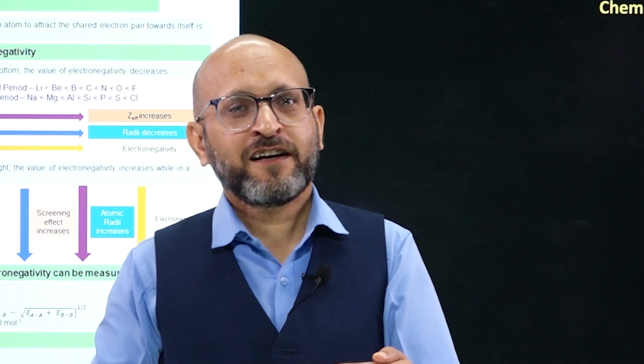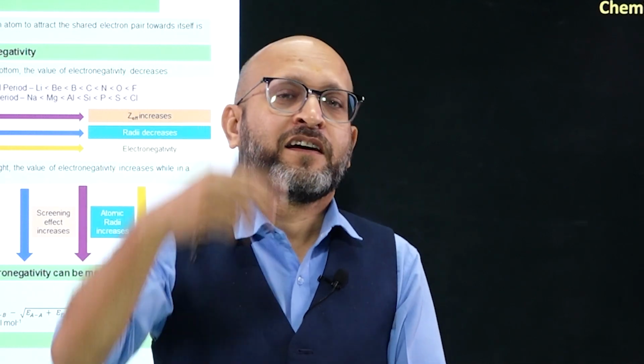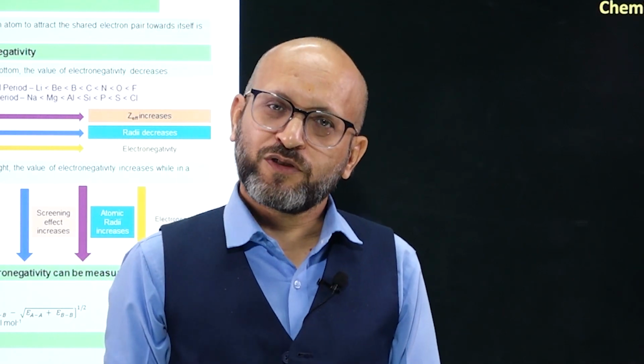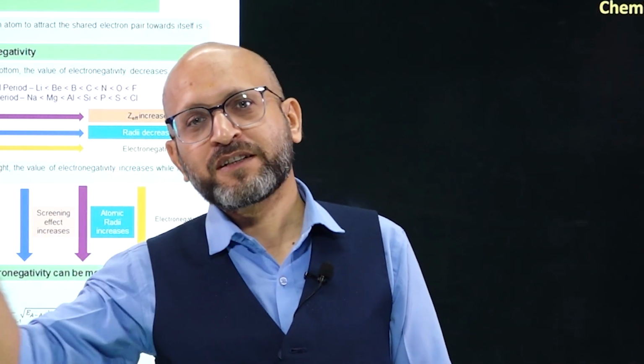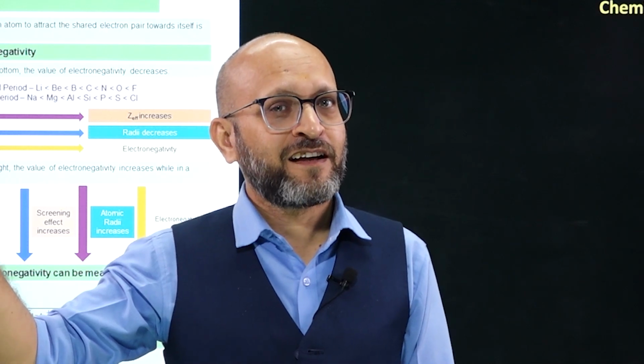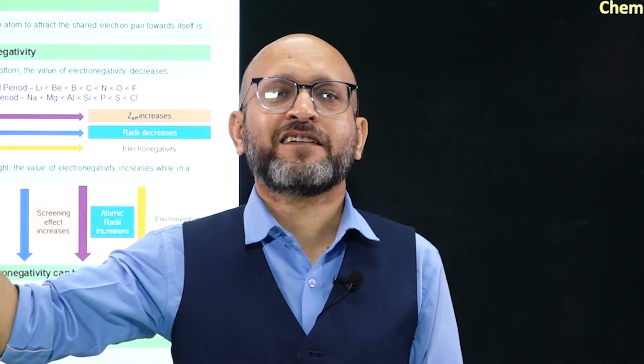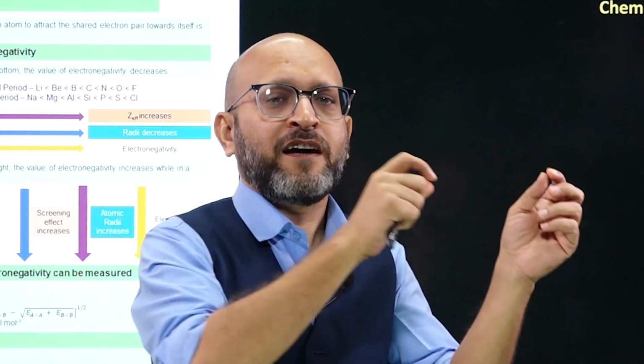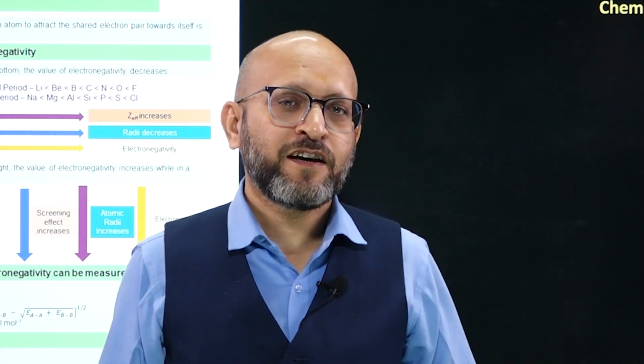Down the group, atomic radius increases, electronegativity decreases, electron gain enthalpy decreases, ionization enthalpy decreases, and across the period atomic radius decreases and other properties increase. Electronegativity increases, electron gain enthalpy increases, ionization enthalpy increases across the period.